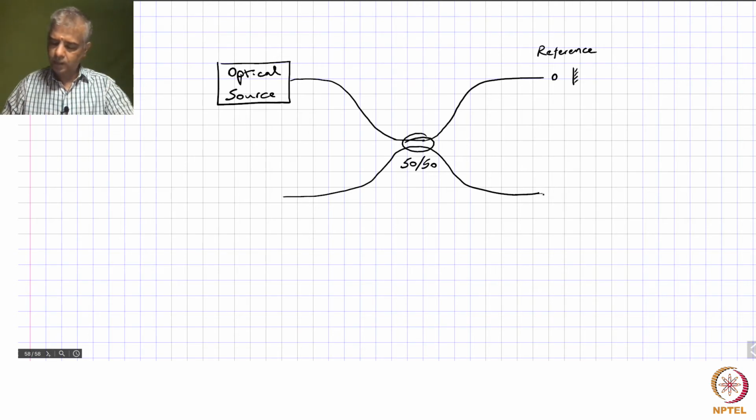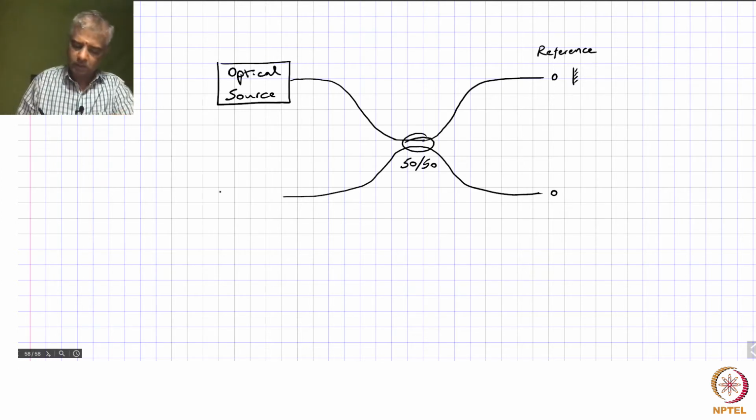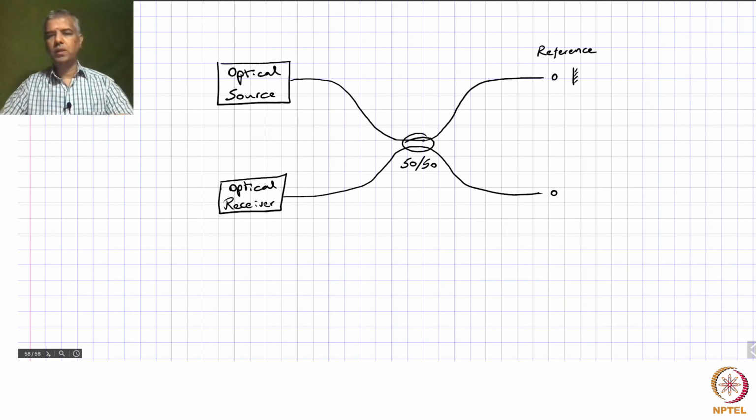Then you bring the other arm over here, and we said we could put a sample over here and then do some measurements. Of course, what's helping us do those measurements is the interference component that we can pick up using our optical receiver.